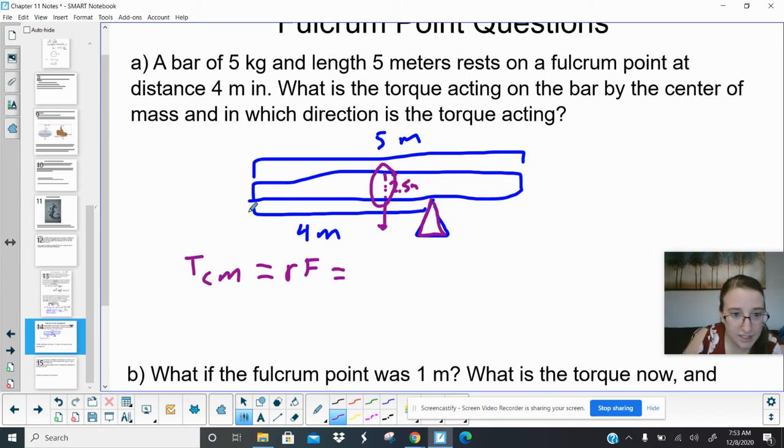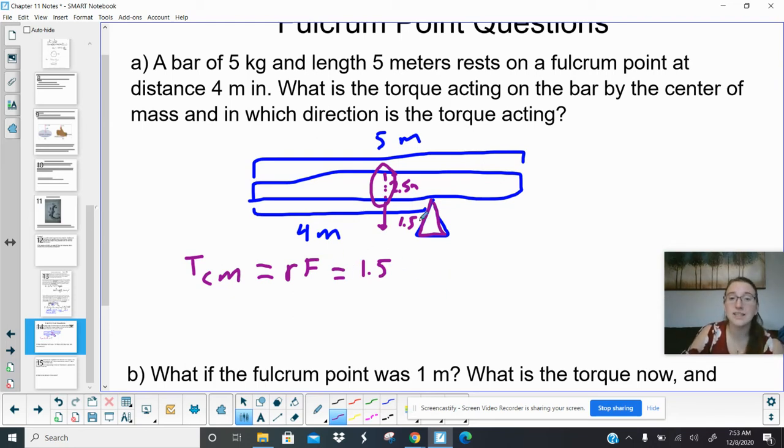Well, if we have a distance of 4 meters and it's 2.5 up to this point, that means we would just subtract it. That's a distance of 1.5 meters right there from our center of mass to the fulcrum point. So that's going to be our radius, 1.5.